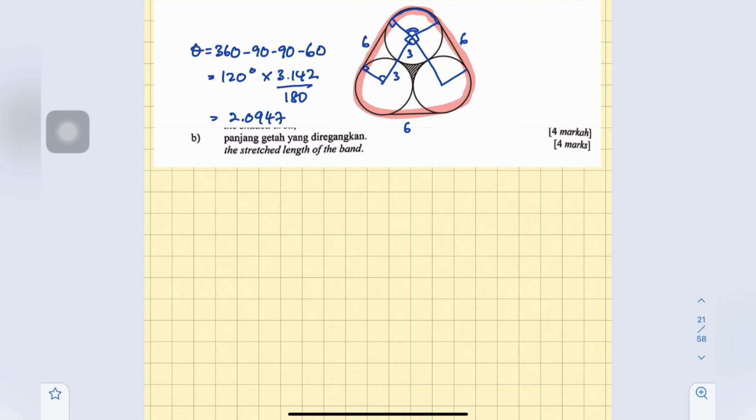So we have got that. So we can find s equals r theta. r is 3, theta is 2.0947. But we have 3 arcs, 1, 2, 3. So this one times 3, so this equals 18.852.